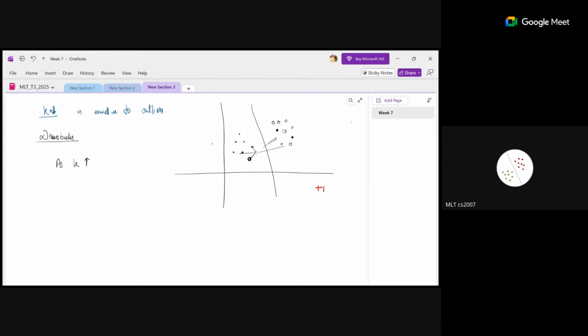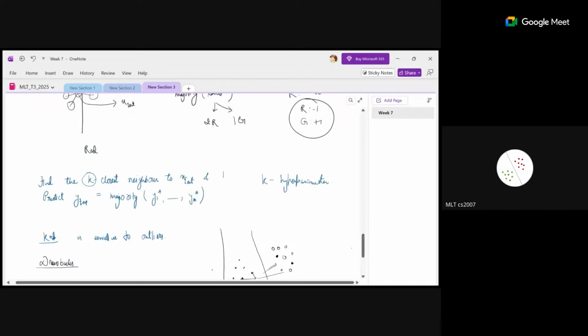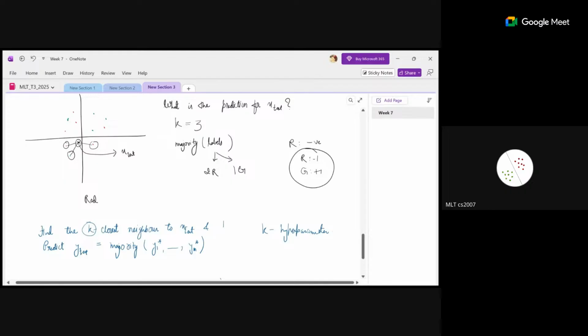Now, some drawbacks for this k nearest neighbor. What are the drawbacks? One drawback is that, see, we just said if we are given a data set, let's say if this was a data set, I am looking at the 3 nearest neighbors, let's say, right? So one thing is, we have to decide what is the distance function that we're using.